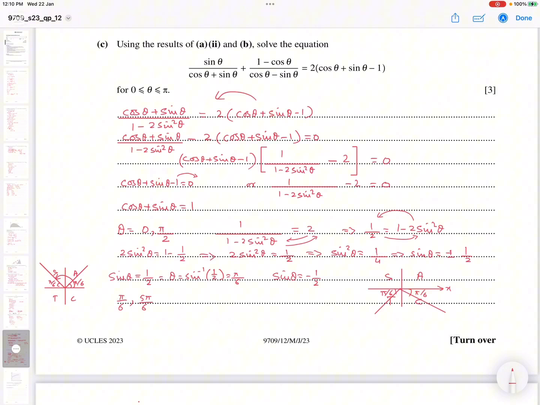You have to remember this point. So if we calculate any value of theta here clockwise, this would not be in the range from 0 to pi, so only these two answers are valid. So put these two values in your answers.